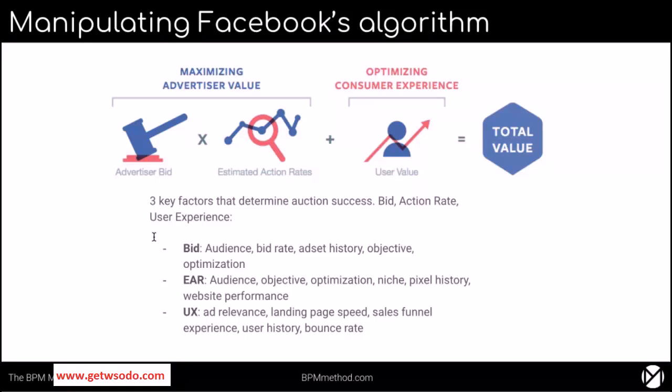Then estimated action rate, EAR, is concerned with what Facebook sees as the likelihood of a user taking action, based on what you have told Facebook that you want. Here's the thing, and I don't think people understand this when it comes to stability and how the actual auction works.